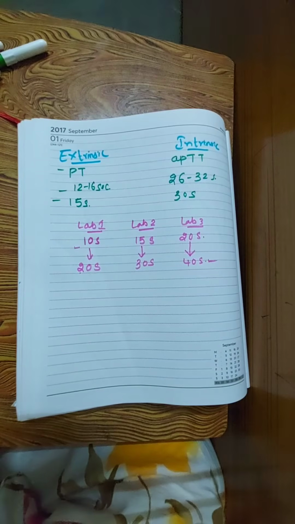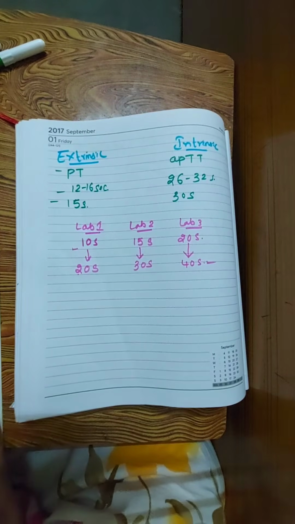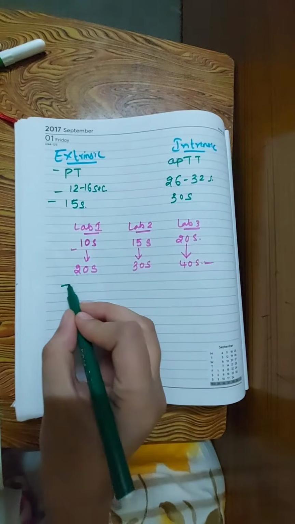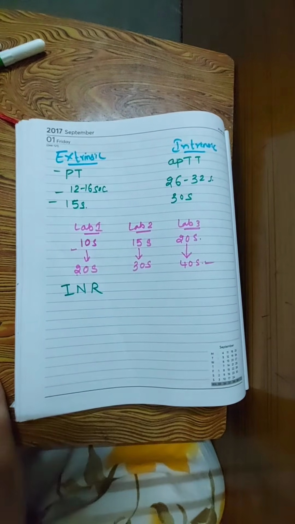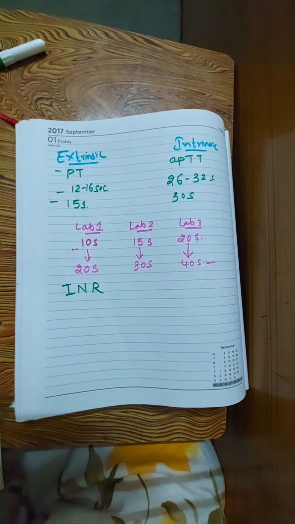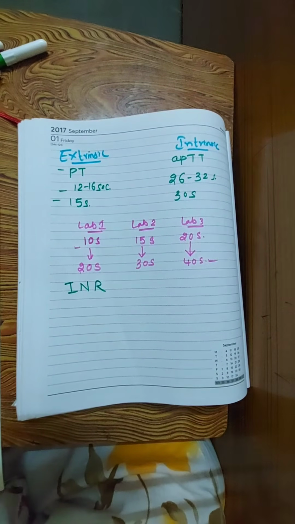The second thing that we can do is, instead of measuring the prothrombin time in the same lab, we can measure another value, which is known as the international normalized ratio. Okay. So this international normalized ratio gives the value when we compare the prothrombin time of two bloods.